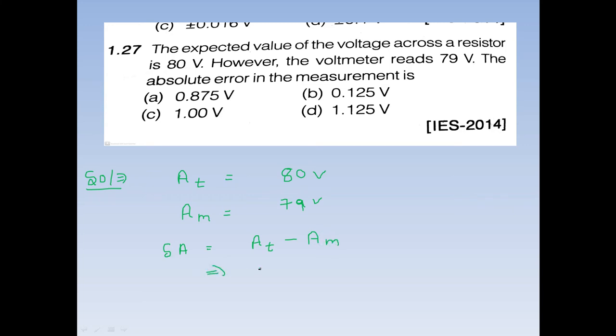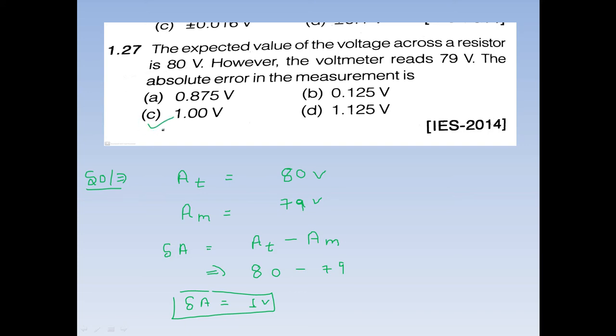AT is 80 volt minus the measured value of 79. So absolute error is 1 volt. So the correct answer for this numerical is C.